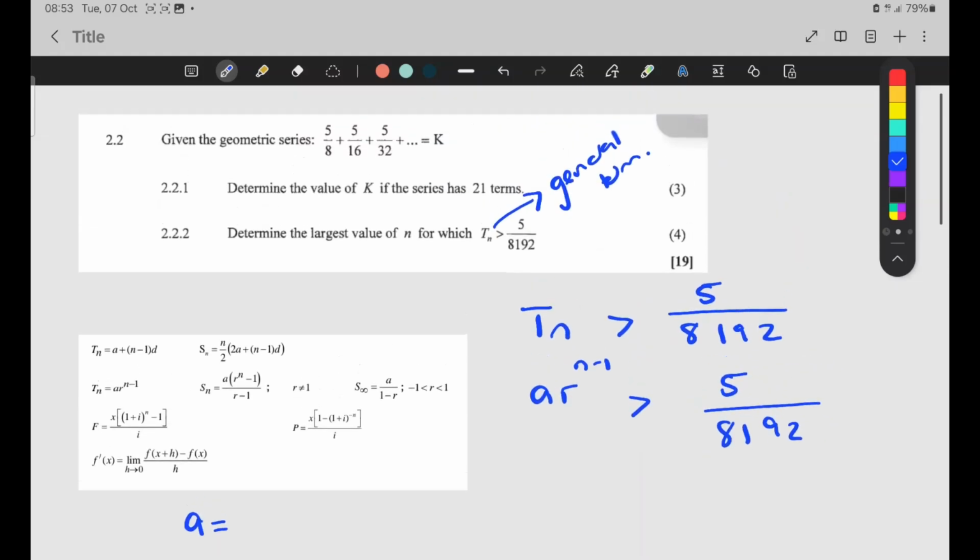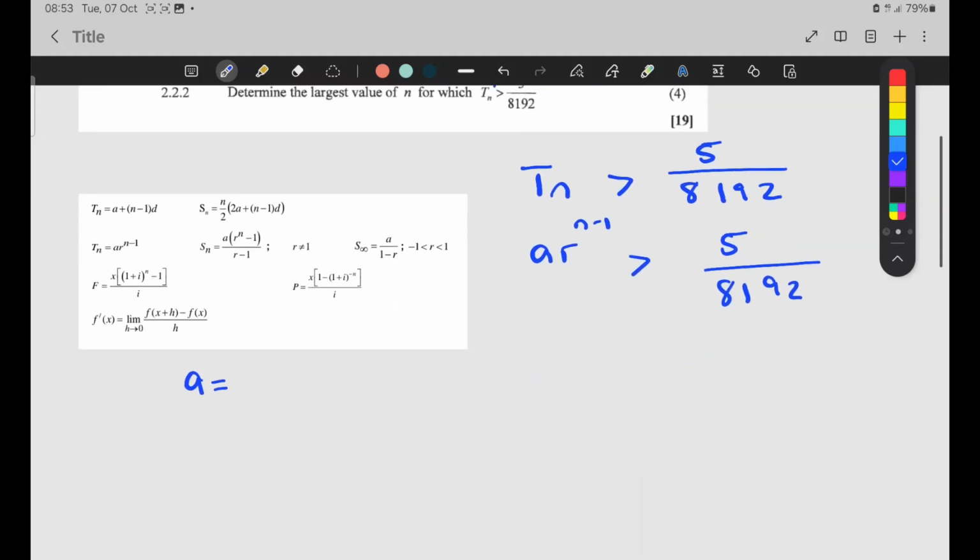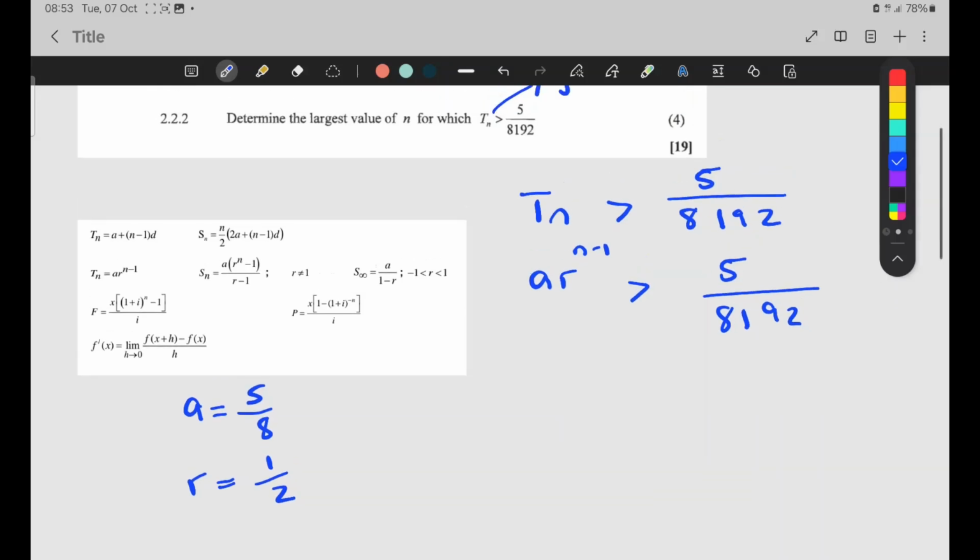So a is 5 over 8. r is the constant ratio that we've worked out. It's a half. So now I'm just going to sub everything in. So a is 5 over 8 times r to the n minus 1, and this is greater than this fraction.